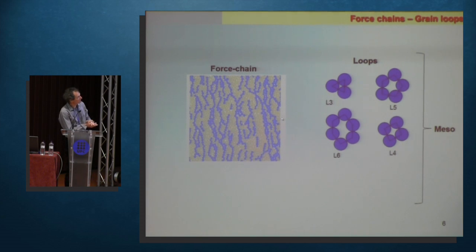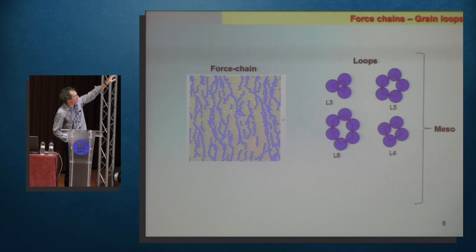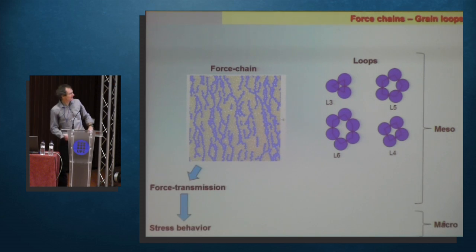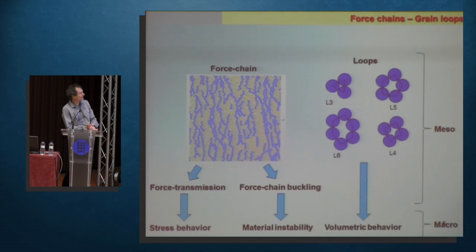So basically, we have the following scheme. You have the granular material, and in dark blue you have the force chains. In gray you have the weak phase, composed of loops. You have the different loops on the right with 3, 4, 5, or 6 grains. So I will denote these loops L3, L4, etc. And what we know is that the force chains are responsible for the stress behavior, so are responsible for the mechanical strength of the material. And this is a well-known result.